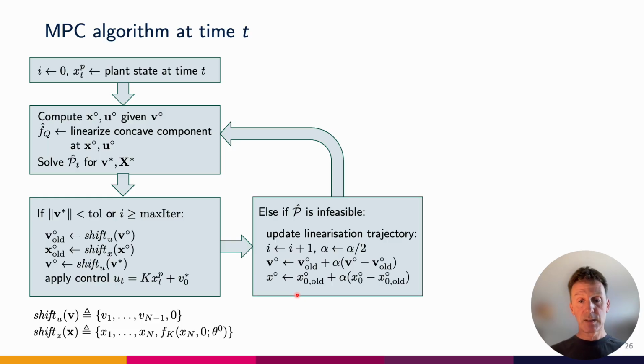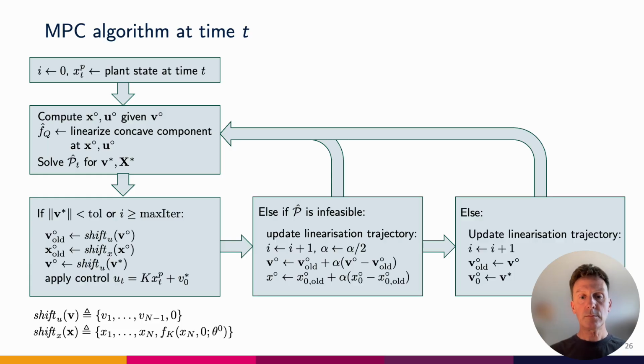And we're simply using a backtracking line search that returns to this copy of the nominal trajectory if necessary, in order to generate a feasible optimization problem. And so this approach actually recovers feasibility using line search based on a previous nominal trajectory that we know will generate a feasible set of constraints.